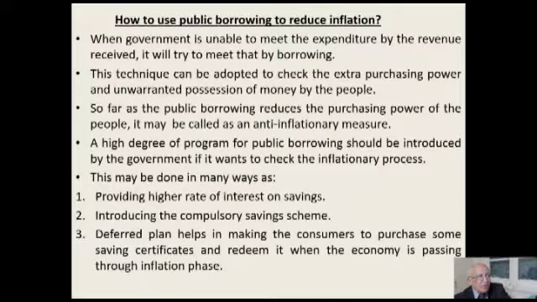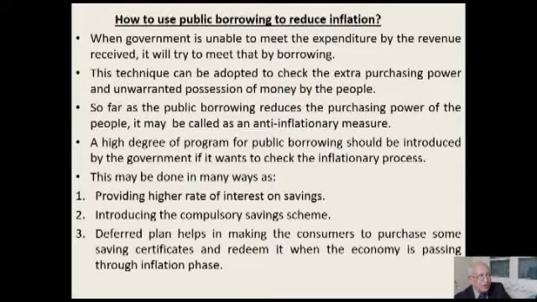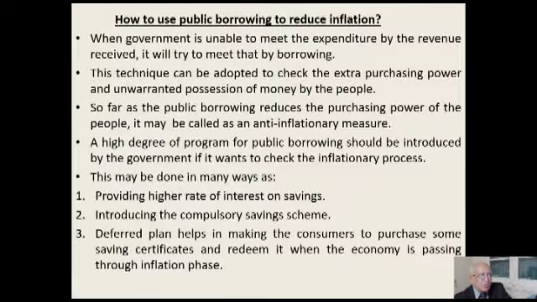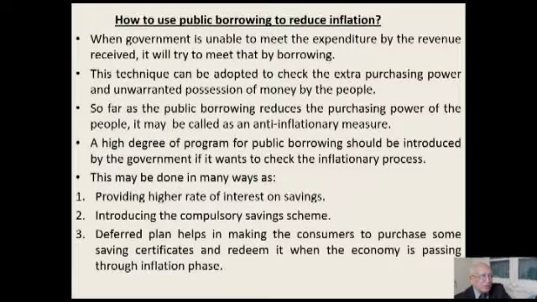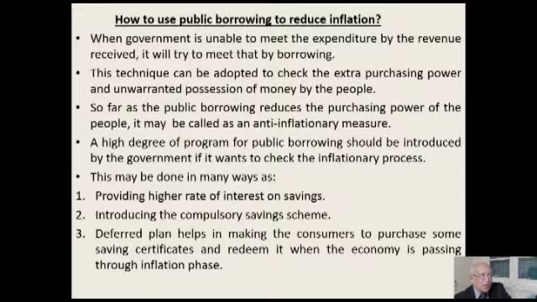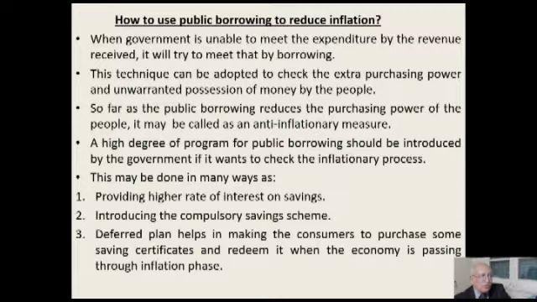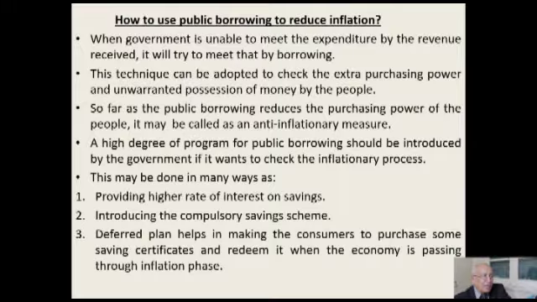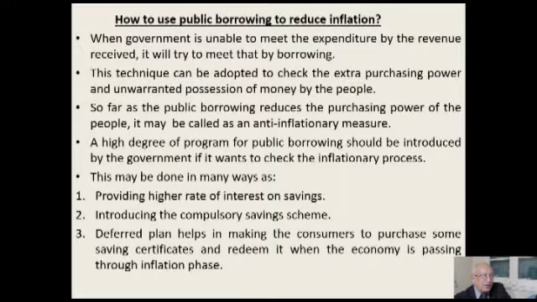After examining how government uses taxation and public expenditure to reduce inflation, we now examine how government uses public borrowing to reduce inflation. Government uses public borrowing when it is unable to meet expenditure by revenue. It will try to meet that by borrowing. These techniques can be adopted to check the extra purchasing power and unwarranted holdings of money by people.